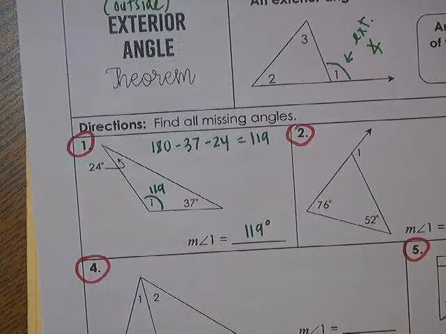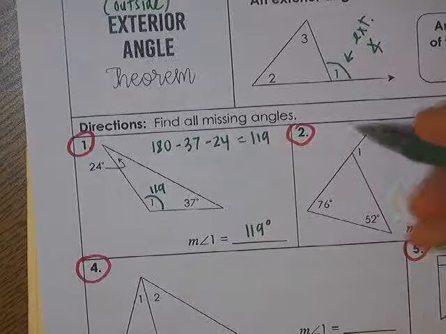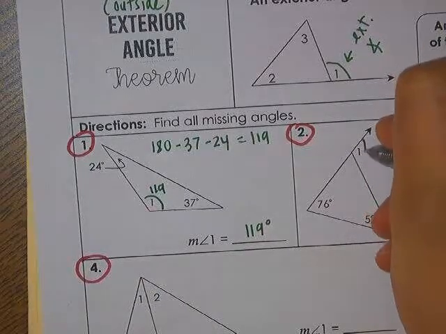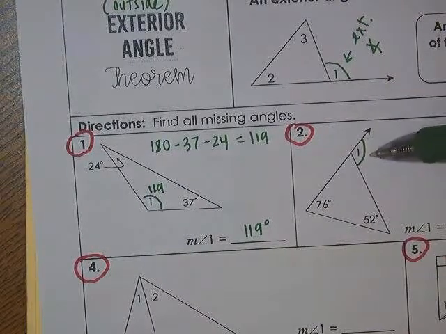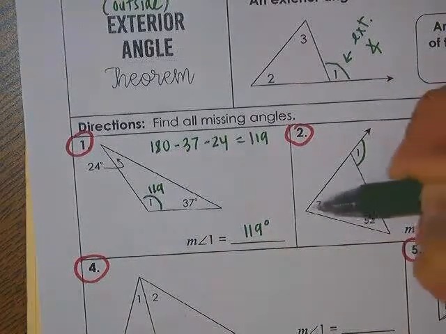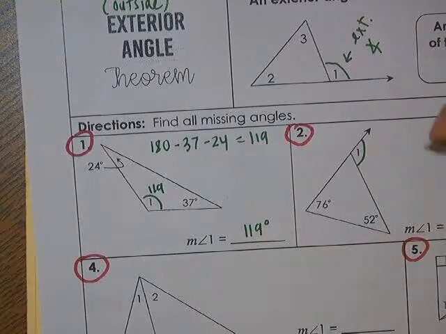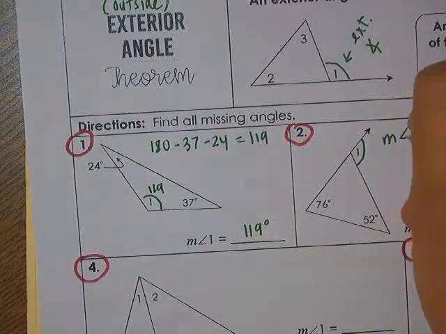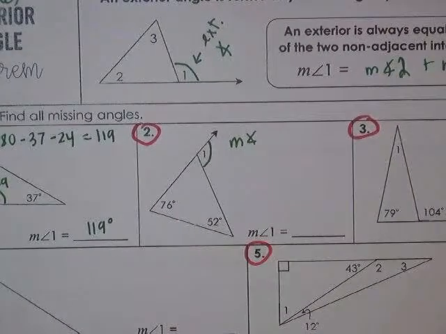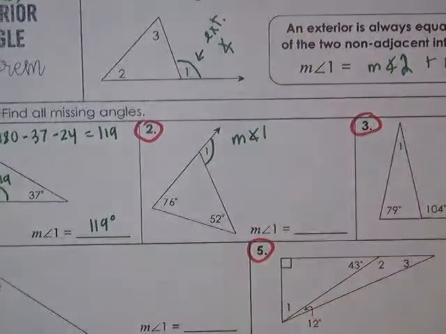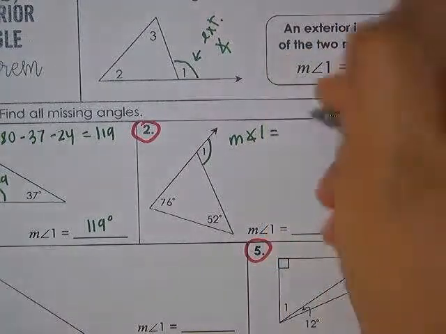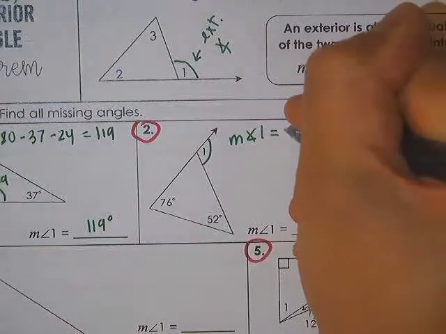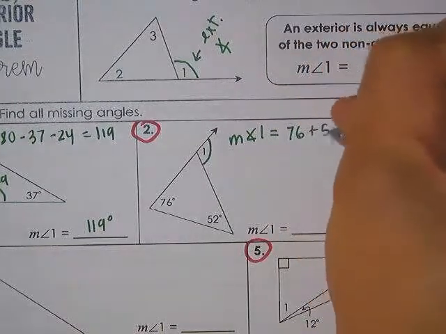But the other theorem that we talked about is exterior angles. For number 2, we're trying to find angle 1, but angle 1 is an exterior angle, right? And this exterior angle can be found by adding the two angles that are away from it inside of the triangle. So the measure of angle 1 is going to be equal to 76 plus 52.